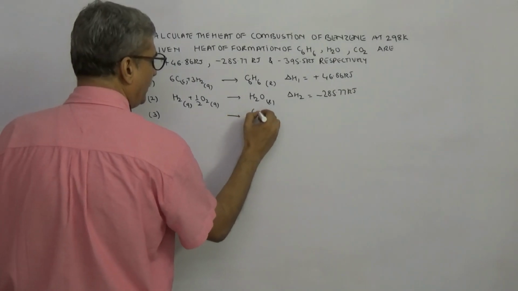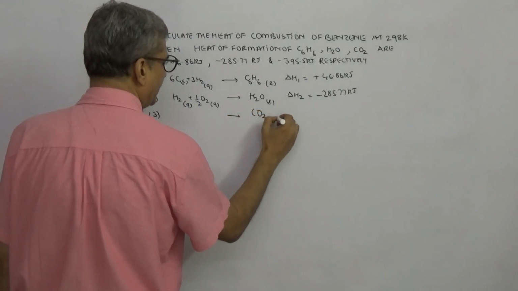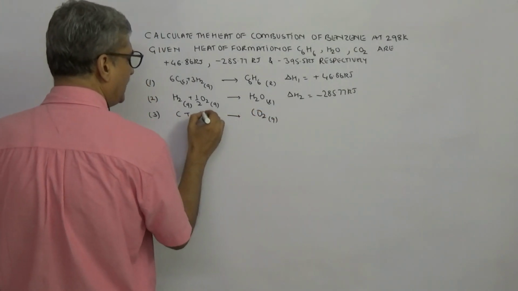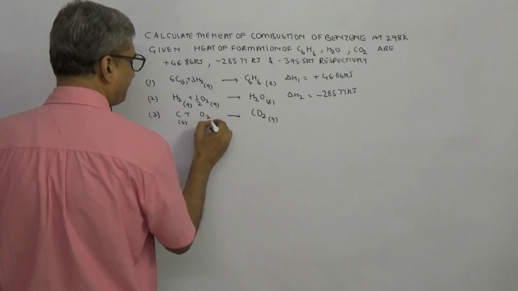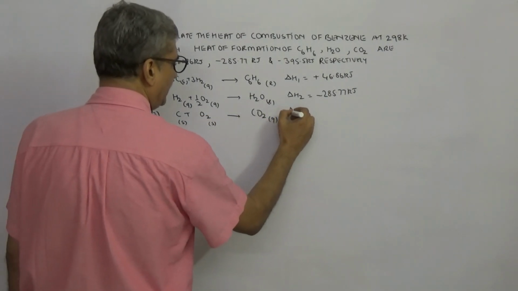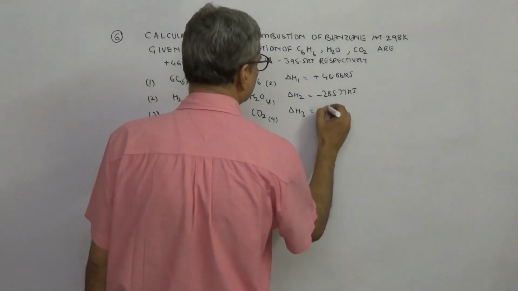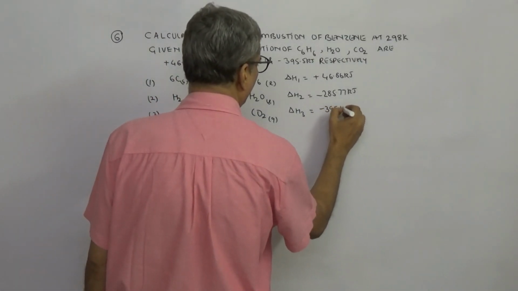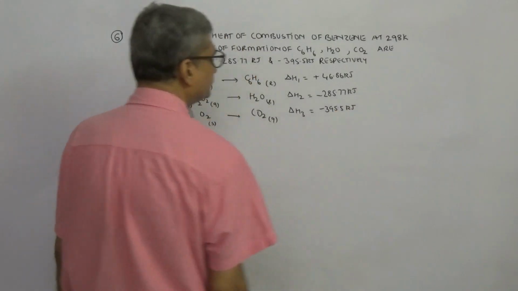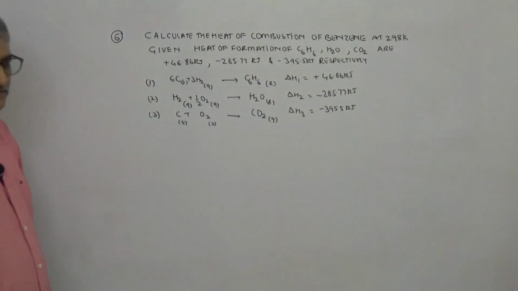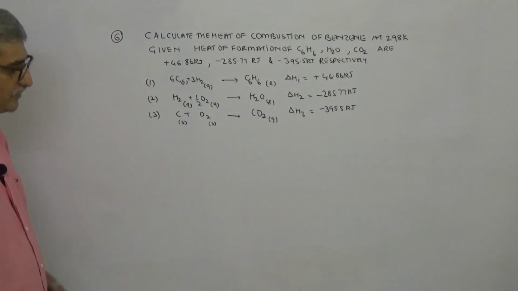So again 1 mole of carbon dioxide gas is formed from the elements in the standard state. So delta H3 over here will be equal to minus 395.5 kilojoule.